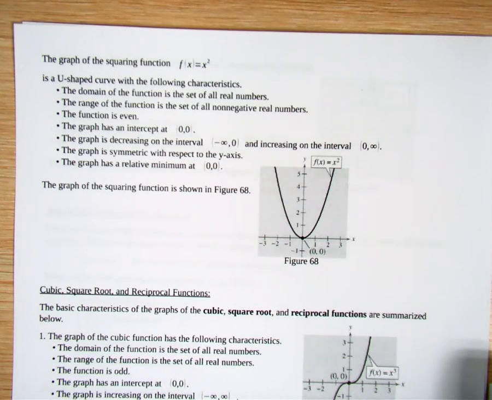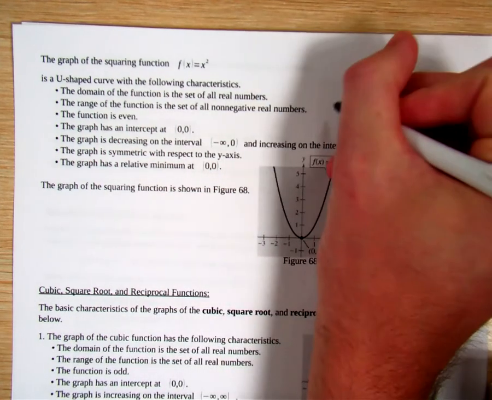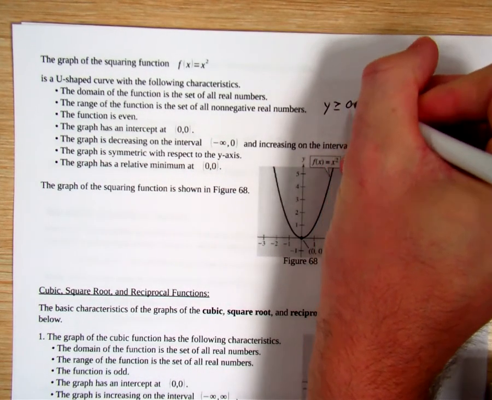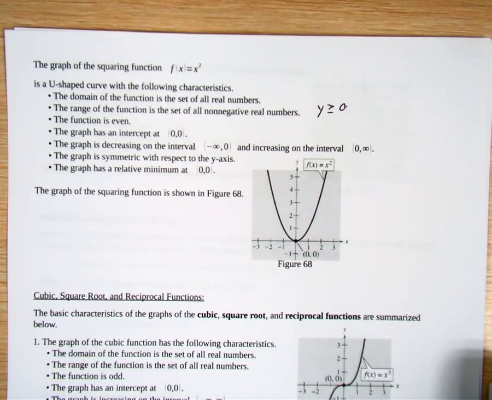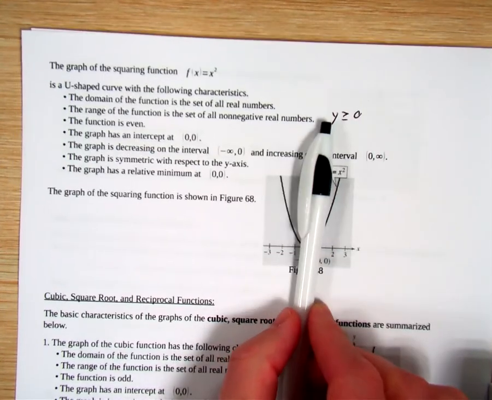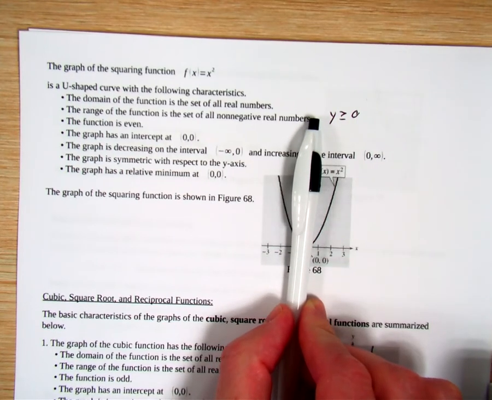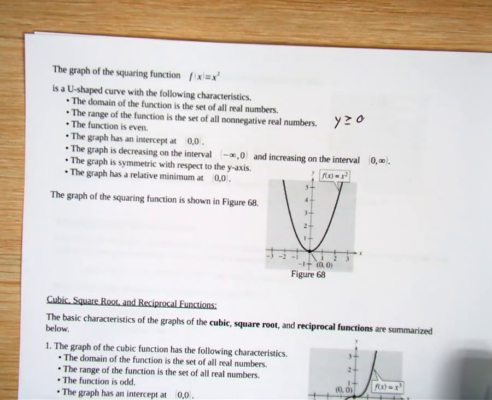The range is going to be the set of all non-negative real numbers, y's that are greater than or equal to 0. It's an even function, meaning you can flip it over that way. It has symmetry over a vertical line. I don't want it to be confused with vertical symmetry like you're flipping it up.